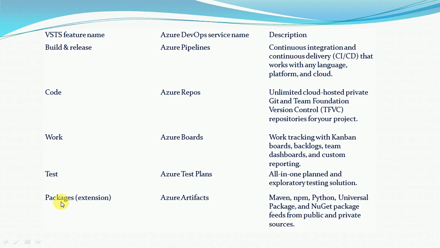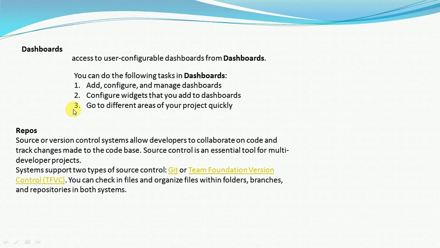Azure Artifacts is related to packaging, like Maven, Python package tools, or any build management tool that you can control through Azure Artifacts. Dashboard is the user configurable dashboard. From the dashboard we can do all these things.